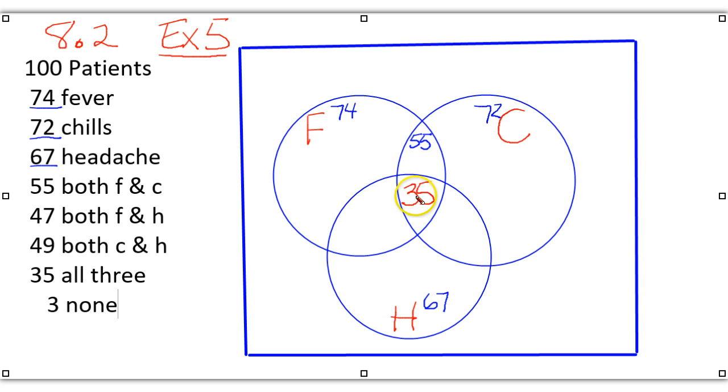Some of them we know had all three, so how do we figure out, of the 55, those that had the 2? Well, we do the subtraction. If we take 35 from 55, we now have 20. So these two add up to the 55, and I can erase the 55.